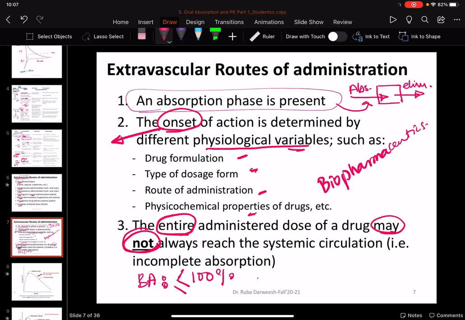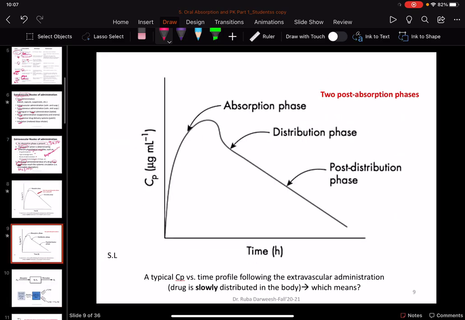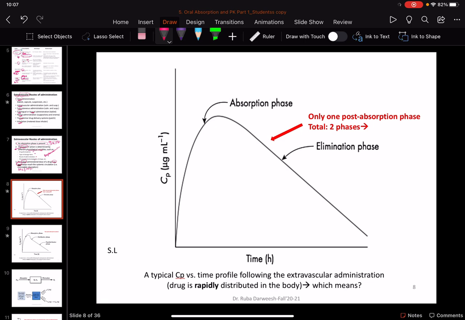Okay, so those are examples of the major differences between the extravascular and intravascular routes of administration. Those two profiles are important if we want to compare the one compartment versus two compartment if we are talking about extravascular.